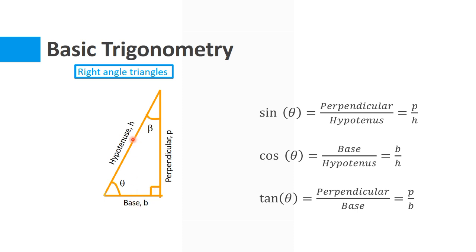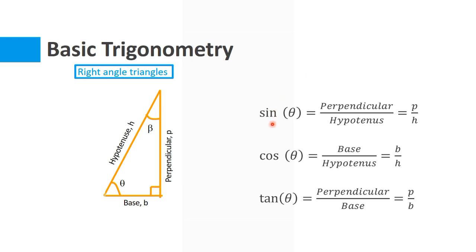But if we are taking our reference angle as beta, then the side adjacent to beta would be the base, the side opposite to beta would be the perpendicular, and the other side would be the hypotenuse.